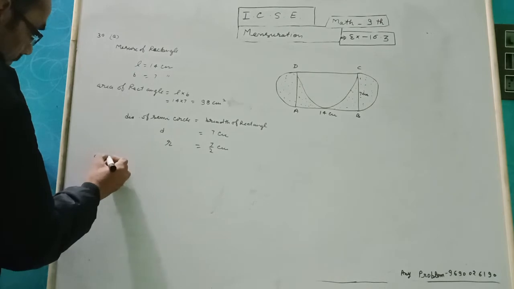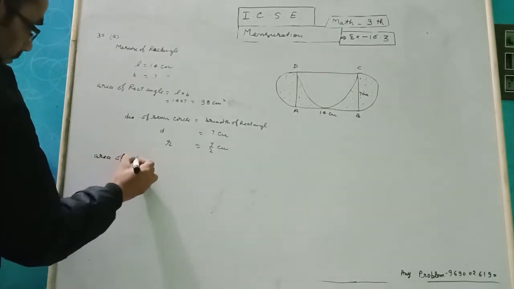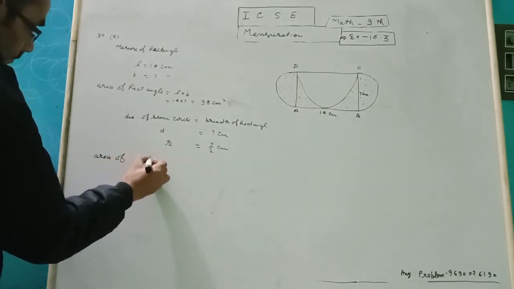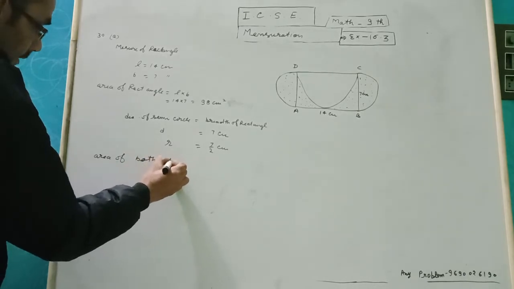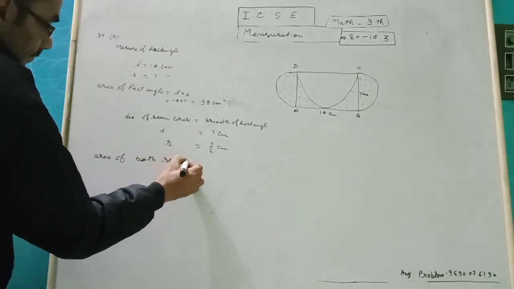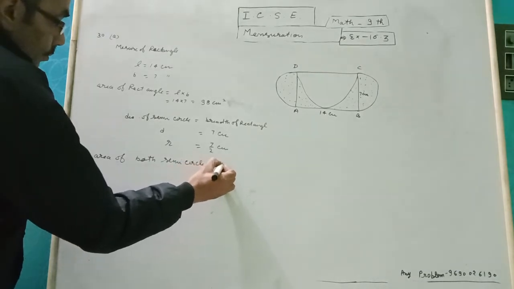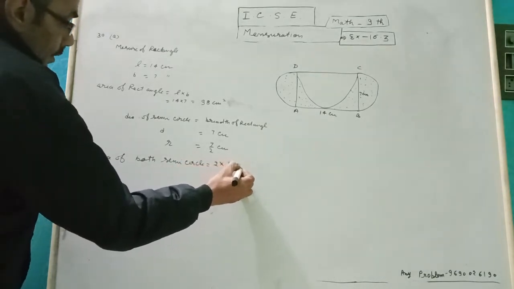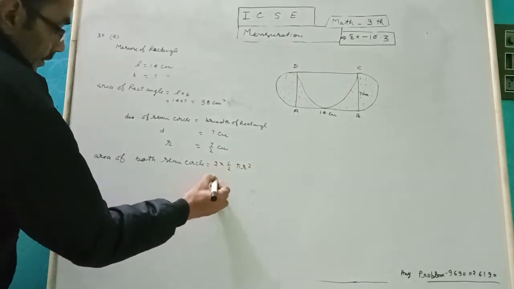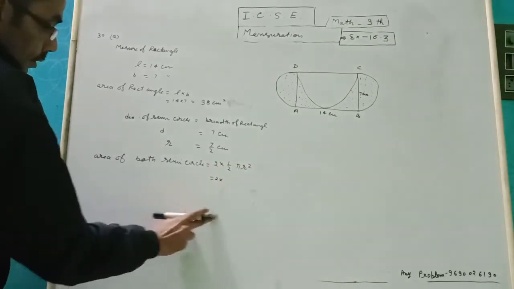Area of both semicircles is 2 into 1 upon 2 pi r square.